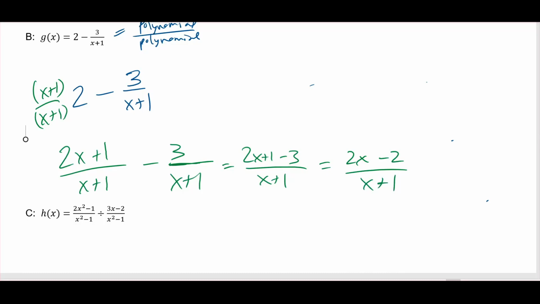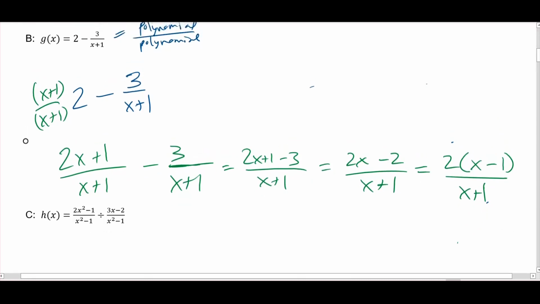Okay, so now we try to factor it and see if we can simplify it, right? So we can try to factor this. Looks like a 2 will come out of that top, but that's not going to do anything for us, right? Because that guy's a minus, that guy's a plus. So these things are not common factors, and we can't cancel anything out. So it just stays there.